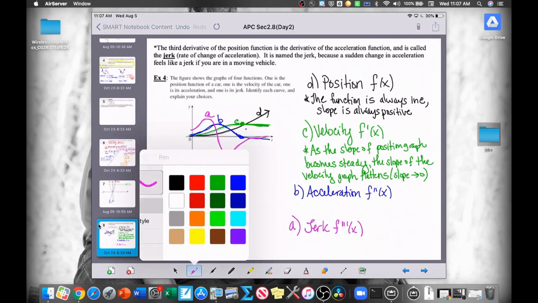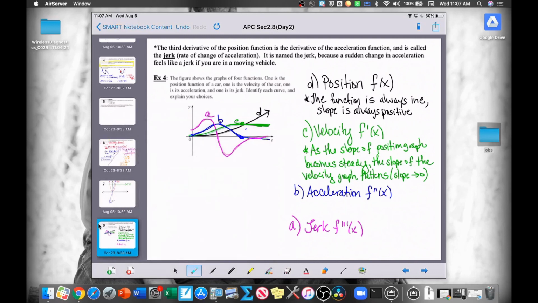So again, on graph B, I am increasing from here to here. Graph A is above 0. And then where graph B starts to decrease, that's where graph A crosses the x-axis and then goes below 0. And graph B is decreasing for the rest of the time, therefore graph A lives below the x-axis the rest of the time.